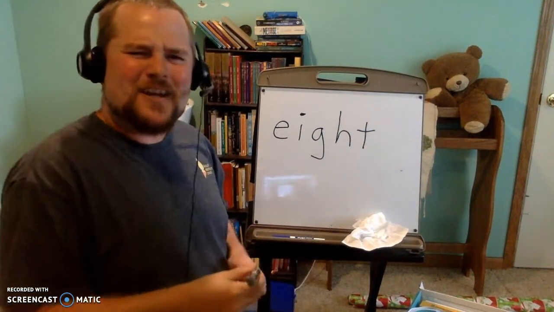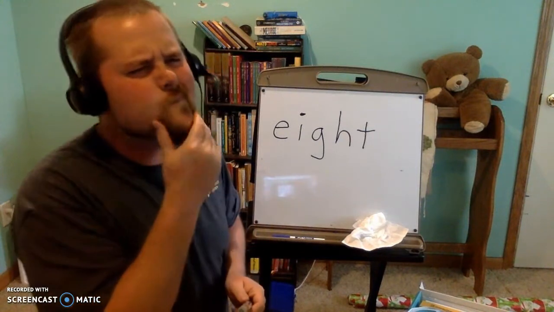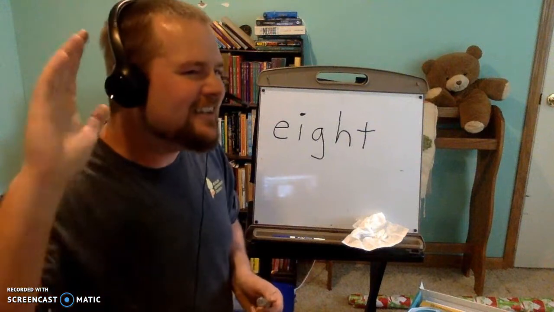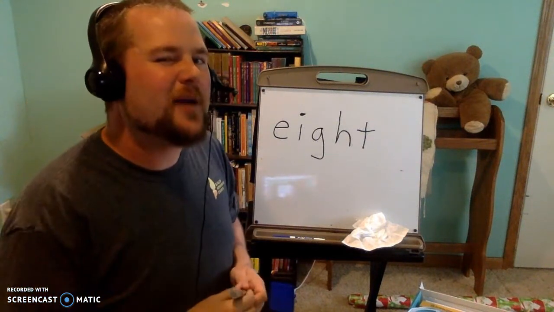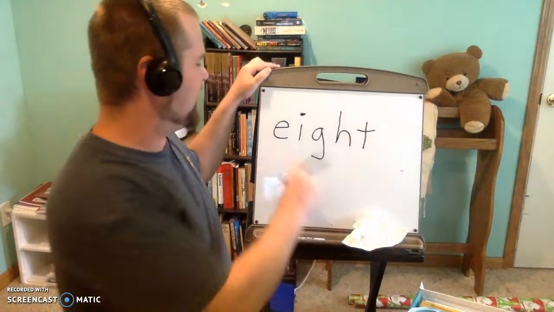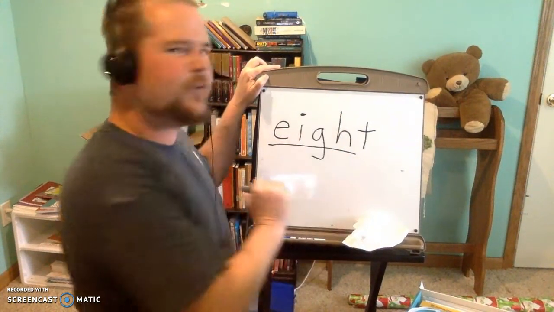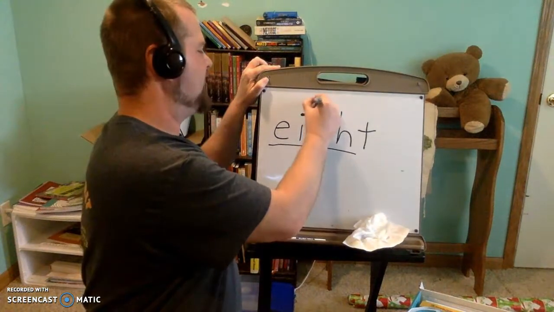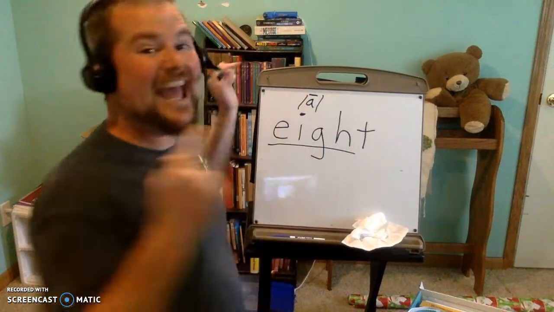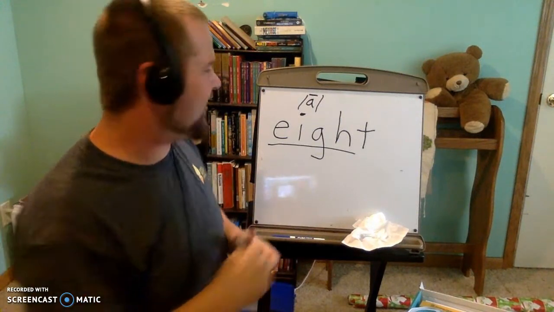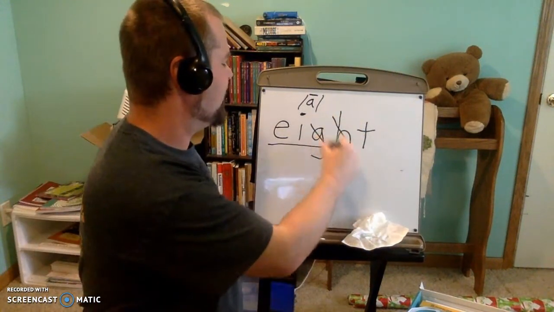Now, what is tricky about this word? What do you think, Lori? I'm guessing maybe you saw that there's an E-I-G-H, and all those letters just make the sound A, a long A. Yes, these are ghost letters.